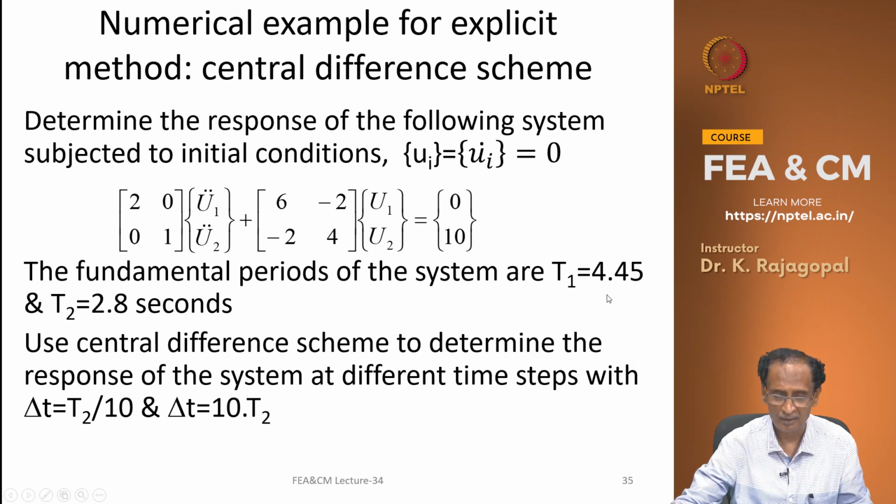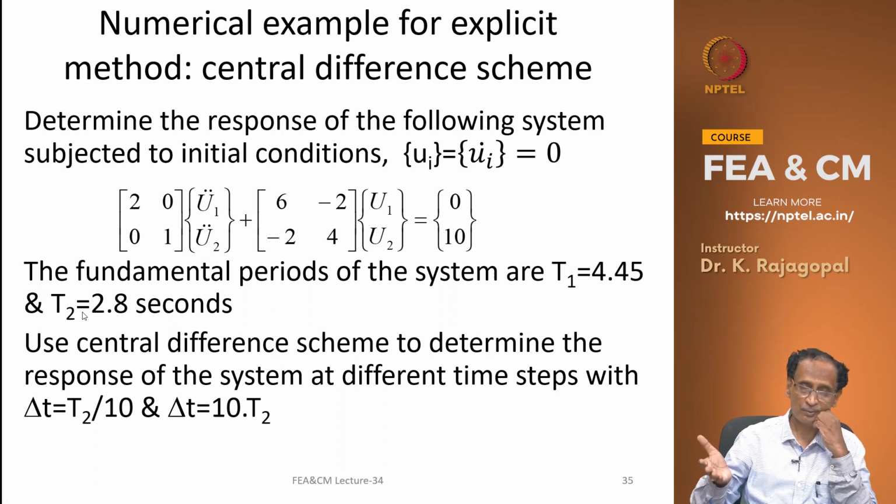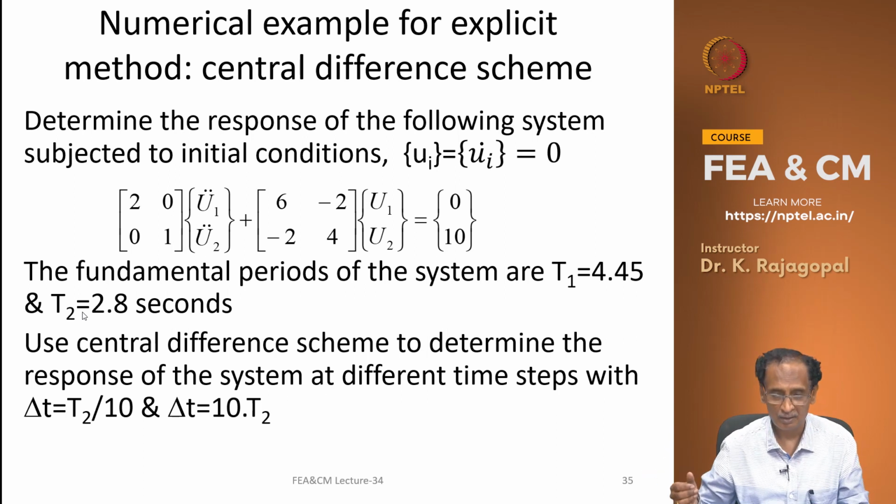This corresponds to mode 1, and this corresponds to mode 2, and usually the fundamental, the first vibration mode, will have a higher time period compared to the higher orders of vibration.